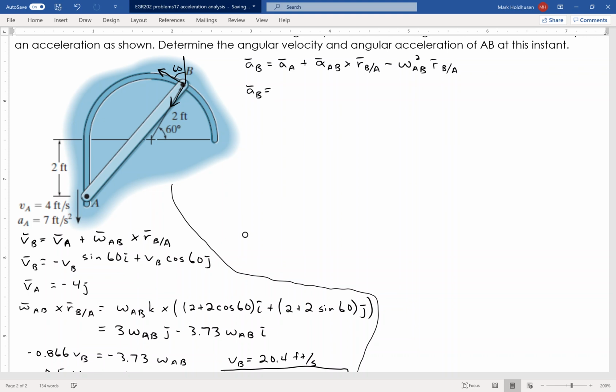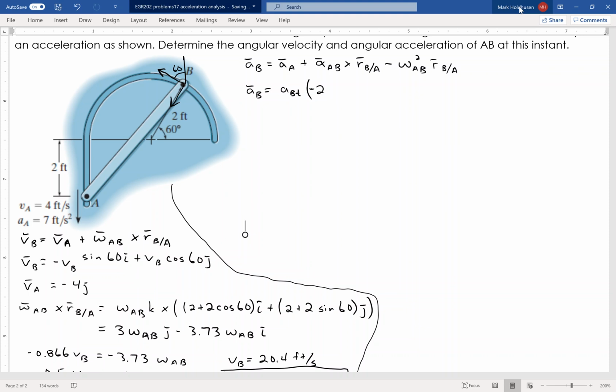So I've got a tangential component, a_B,t, and I'm going to multiply it times r. Excuse me, I don't need the 2 because I'm finding the acceleration, I'm not doing alpha.